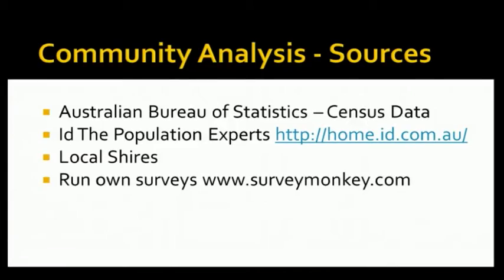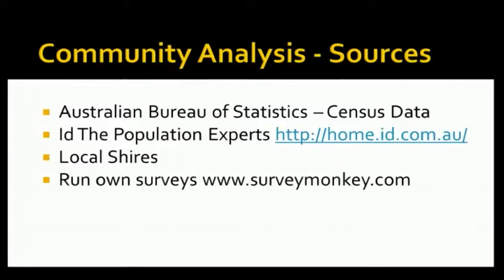Sure. Another good website to go to for information is called ID the Population Experts, and you can see the URL there. They take the census data from ABS and analyse it and draw conclusions from it, so they present it in a more readable and understandable way.